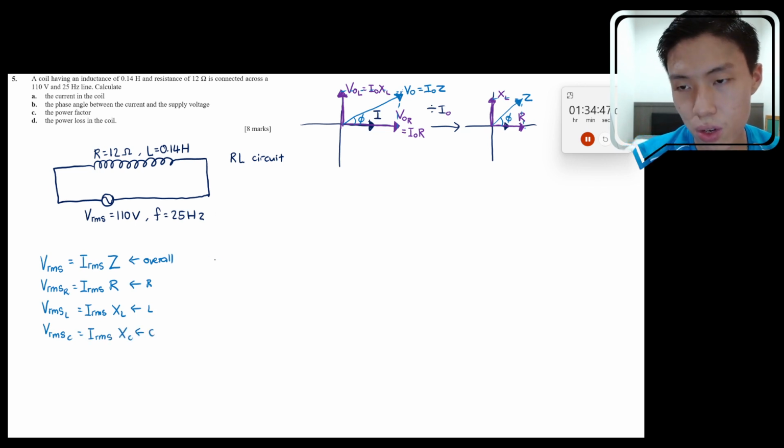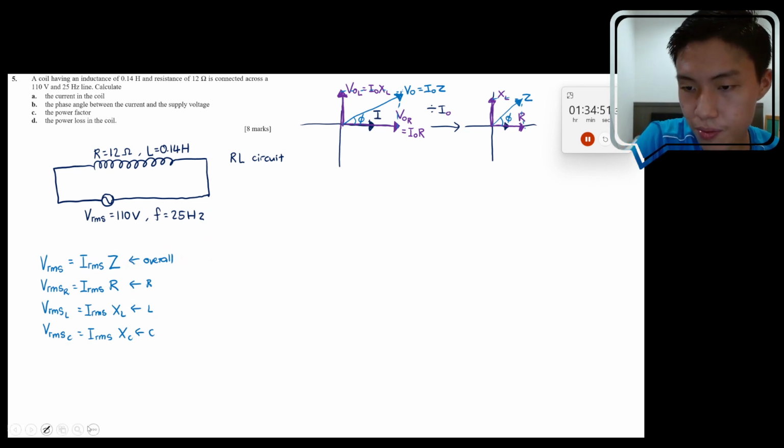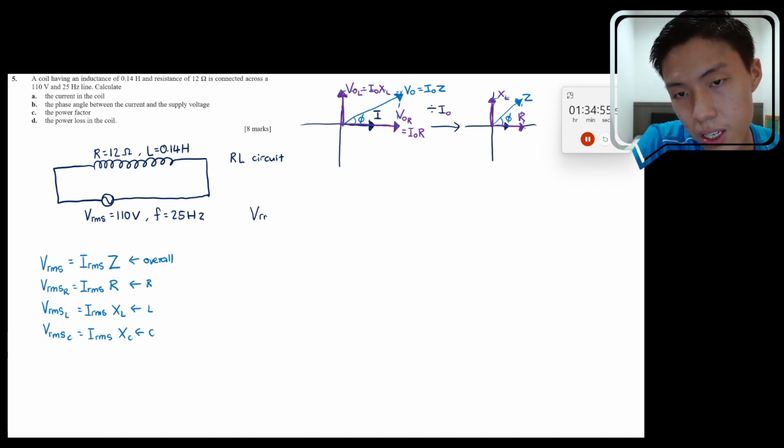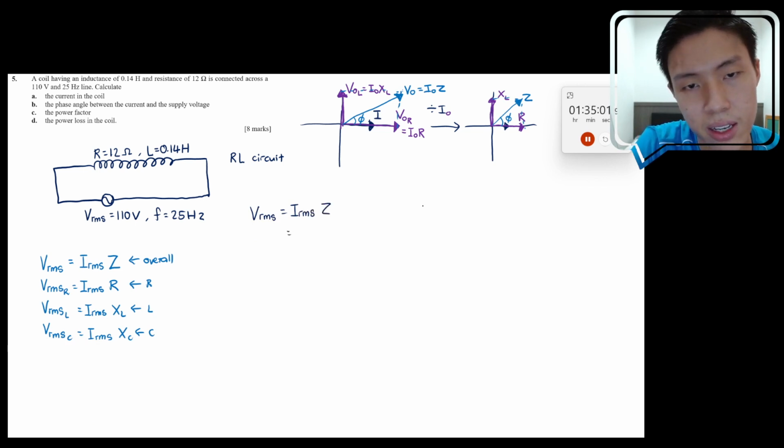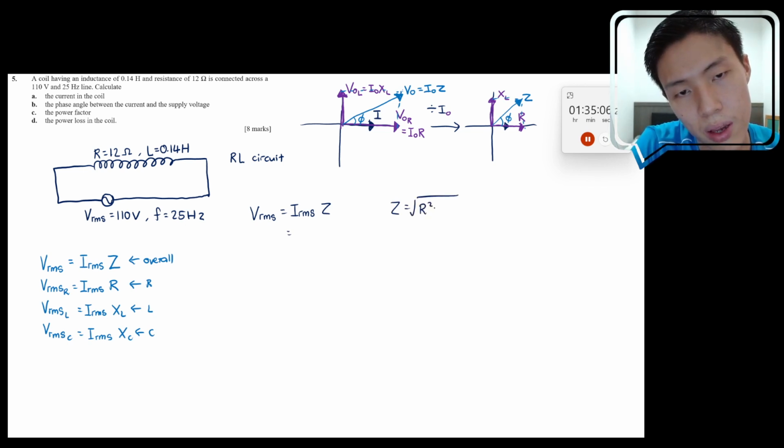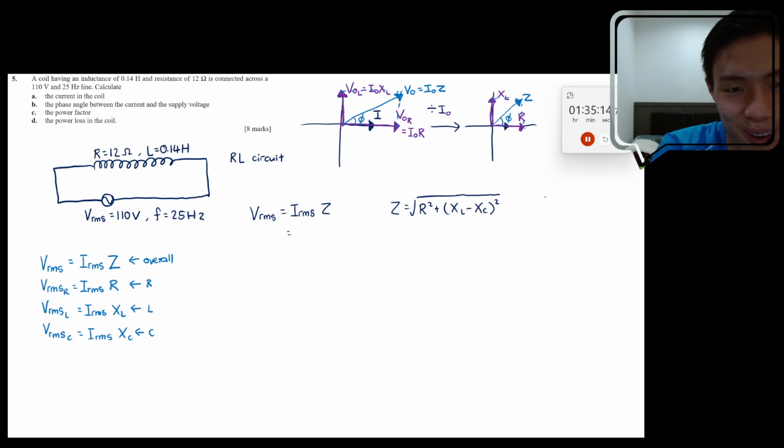Okay, so for this situation, we are going to use the first equation, VRMS is equals to IRMS Z. So you have to find Z. Z is equals to the square root of R squared plus (XL minus XC) squared.